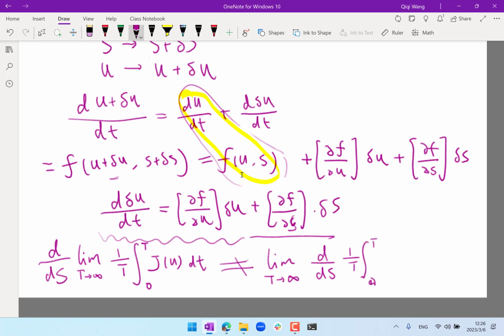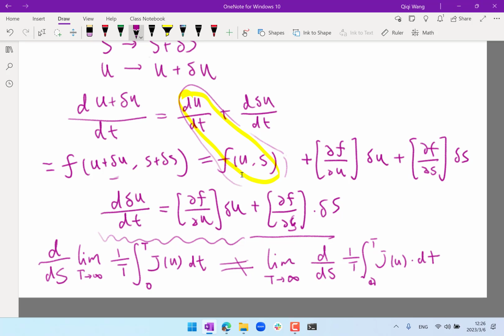In some sense, the derivative of a finite time average will no longer converge to the derivative of the infinite time average. Because the solution to the tangent equation grows larger and larger, you are going to see that this limit, as T goes larger and larger, won't converge.